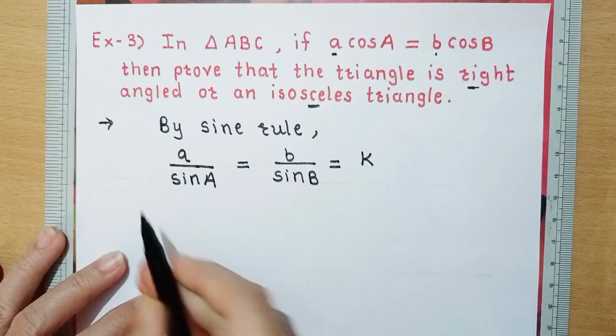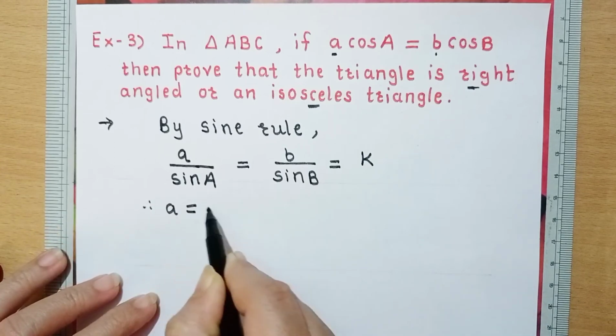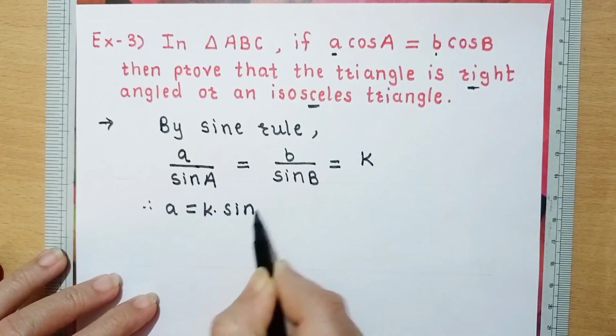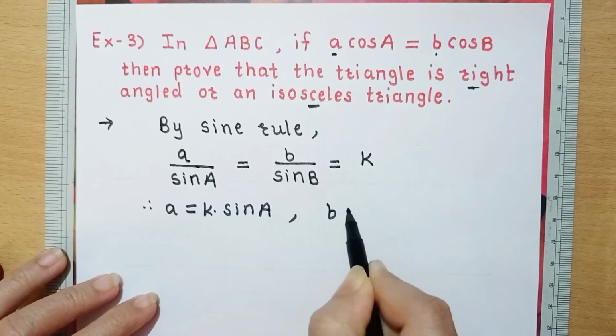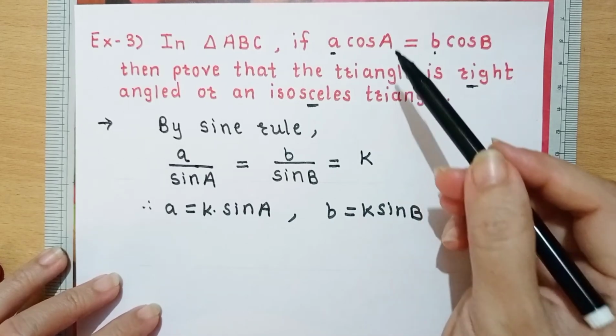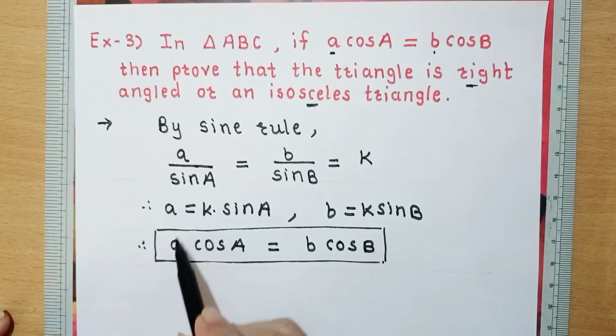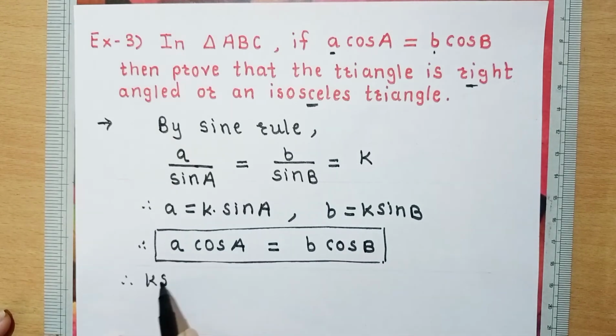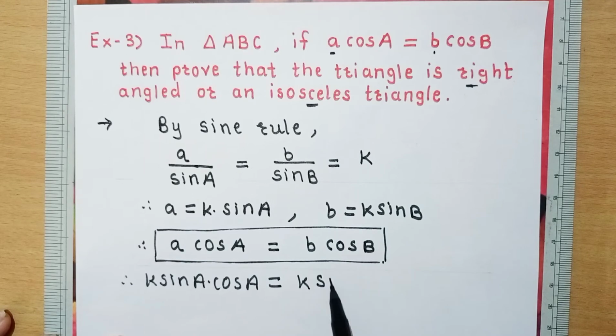move this term here, and therefore we have a equal to K into sine A, and also b equal to K into sine of B. And so write down this expression here and substitute a and b. We have K sine A into cos of A, and that is equal to K sine B into cos of B, and therefore K gets cancelled.